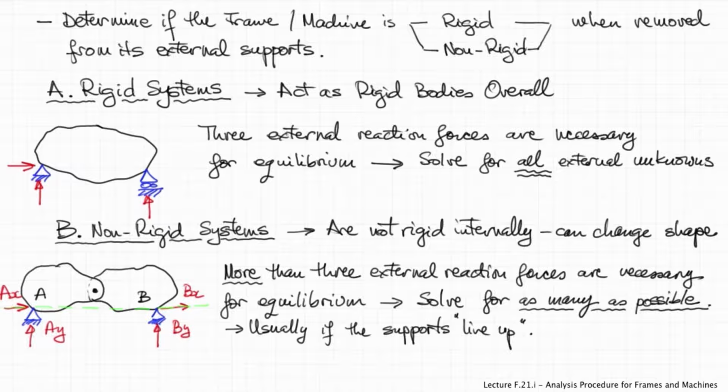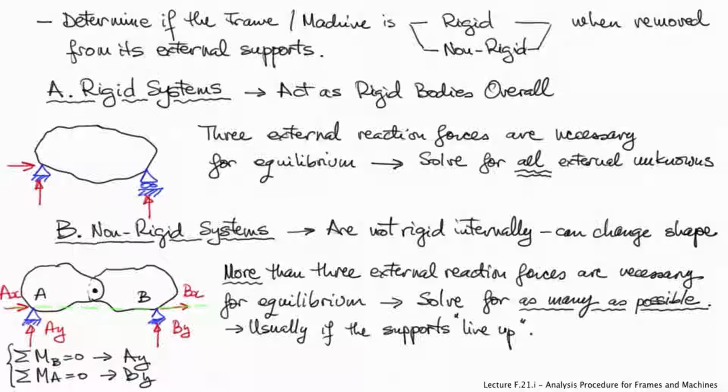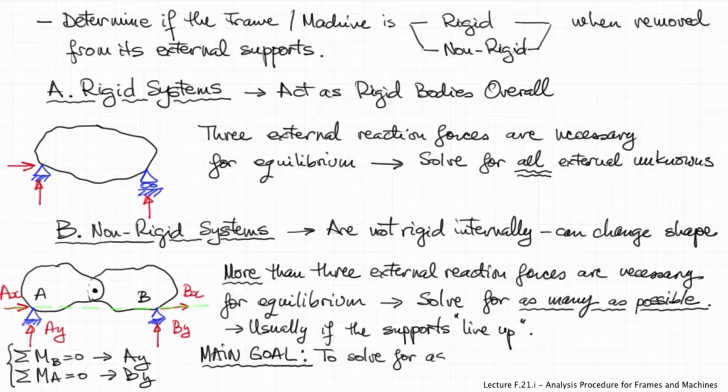And therefore, if you, for example, sum the moments at B, then you can solve for AY because BX, BY, and AX intersect at B. And similarly, if you sum the moments at A, you can solve for BY because AX, AY, and BX would all intersect at A. So in this case, you can solve for two reaction forces, AY and BY.